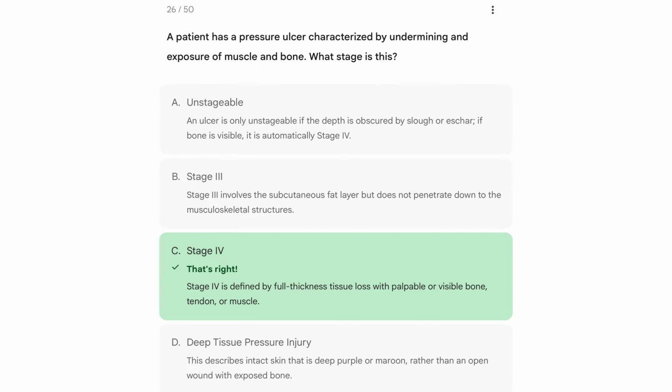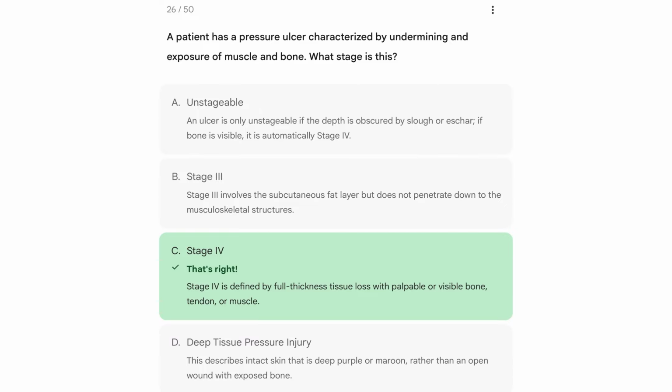How can that be? See, we can call it unstageable if it is covered by slough and eschar, and you have to remove that with the help of enzymatic action, then only we will call it unstageable. Stage 3 means there is exposure of subcutaneous tissue only. There is no exposure of bone, muscle, tendons or ligaments.